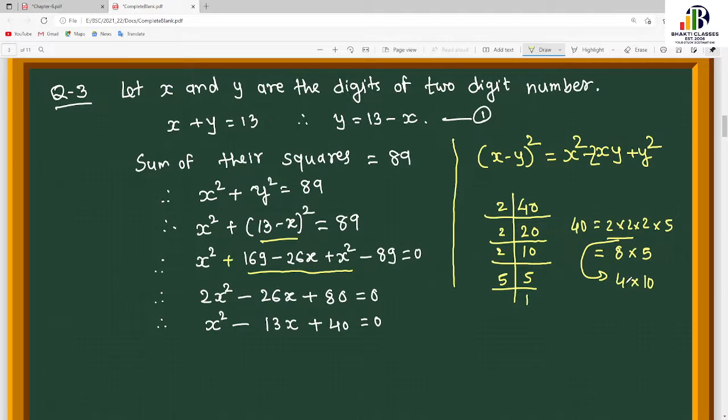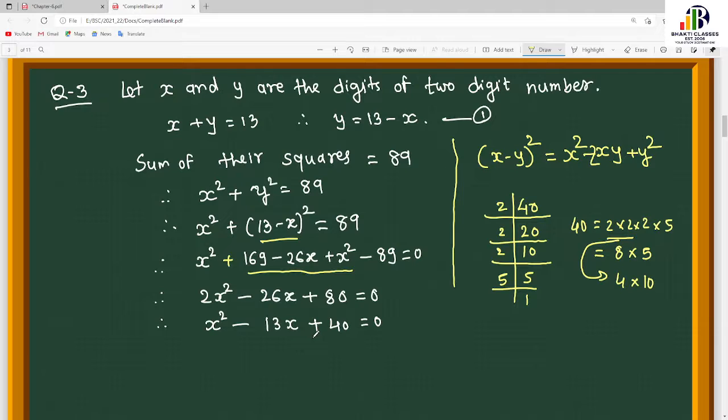I don't think there is any prime factorization which gives us the value 13. So okay, no problem.